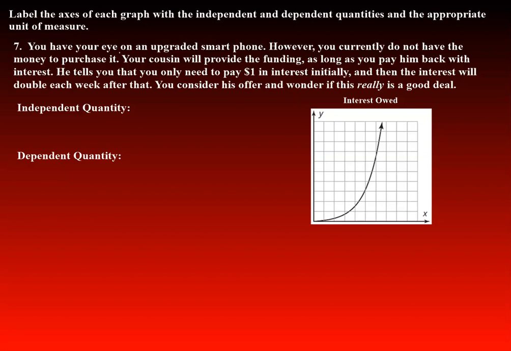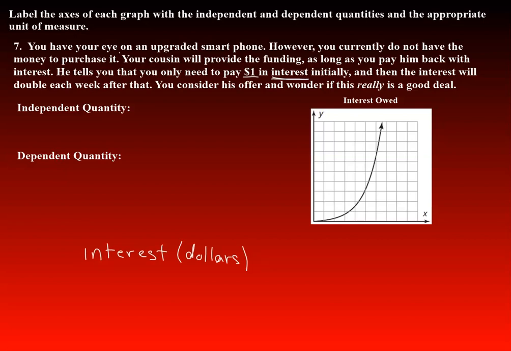So if we look at this problem, we have to figure out what is the dependent and what is the independent variable. Well, we've got interest, which is measured in dollars. So I'm writing it down, but I'm not placing it anywhere yet.